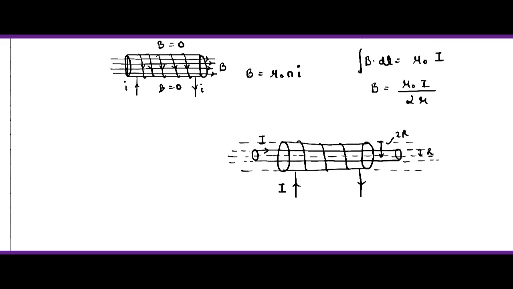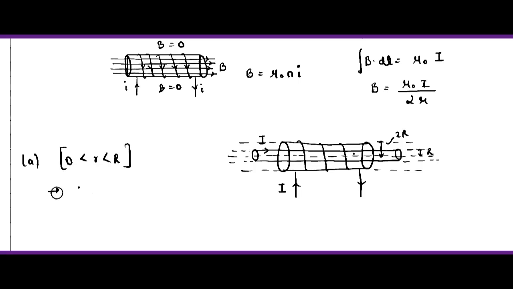So let us check this. It is saying about this region. Let's say we have a point between 0 and capital R. Now see, due to the hollow conductor inside this portion, the magnetic field will be 0, but due to the solenoid there will be a magnetic field present, because all the magnetic field due to the solenoid will be confined within the solenoid only.